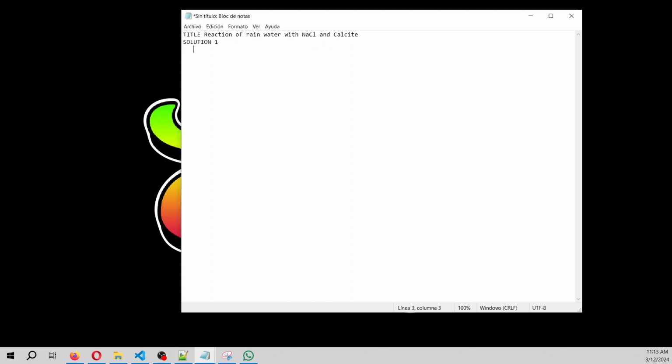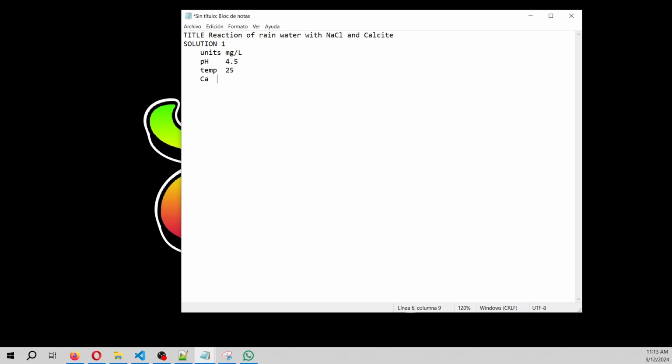The units are in milligrams per liter. The pH is 4.5. The temperature is 25.